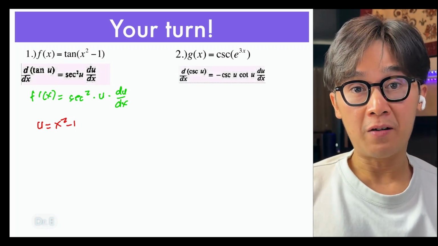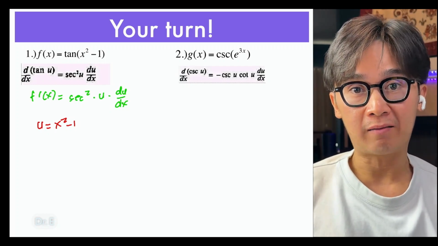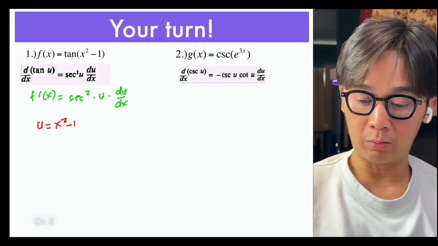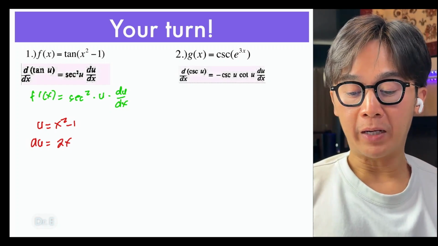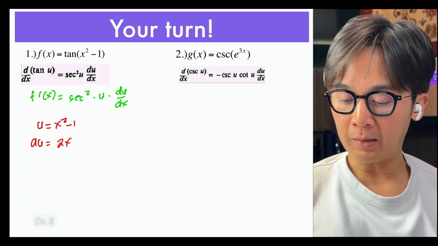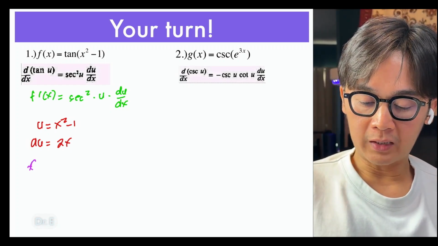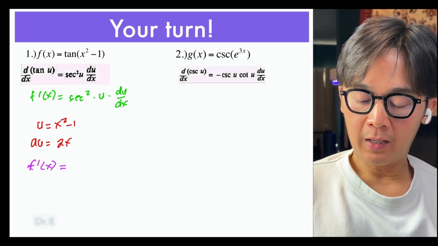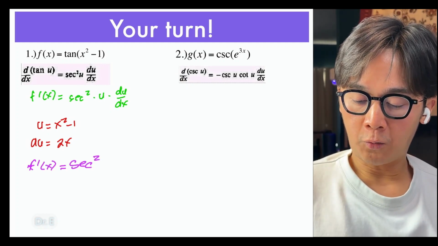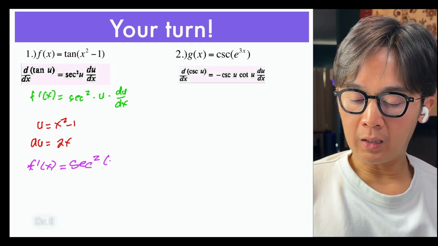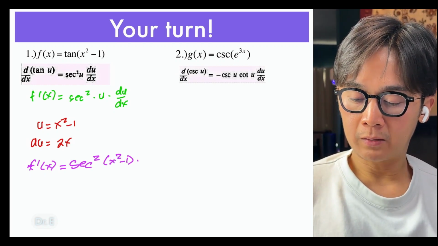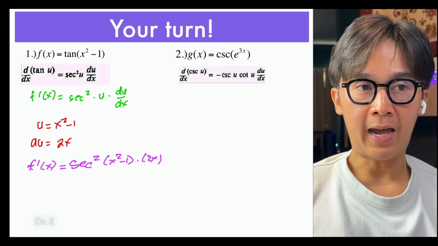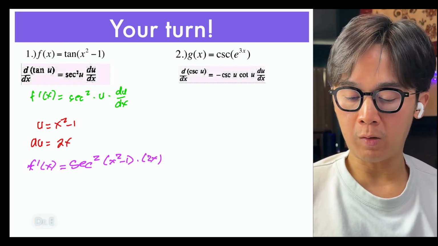The second part of the derivative is just using your basic calculus rule, in this case, power rule, because du is 2x. And now that I have my u and du, I can complete my f prime of x, or the derivative of the function, as secant squared quantity x squared minus 1, which is my u, times 2x. And that is our answer for the first problem.